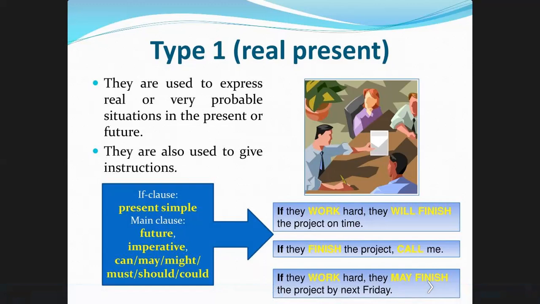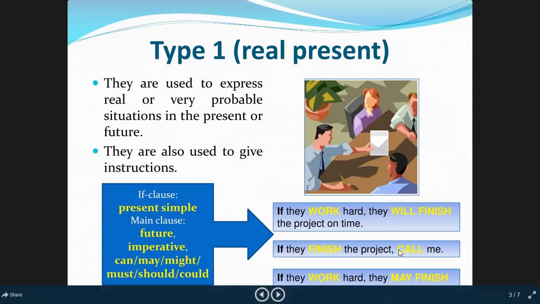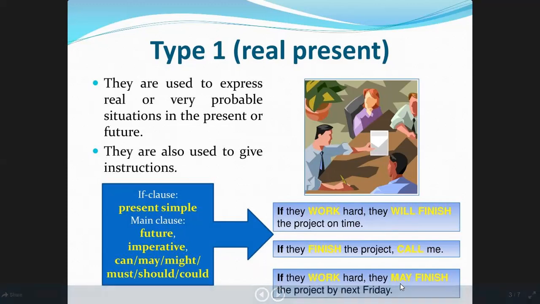How do we construct these sentences? On one side there is present tense, and on the other side, in the main clause, there may come the future tense, the imperative sentence, or the modal verb. So we are talking about probabilities and possibilities in the present and future.